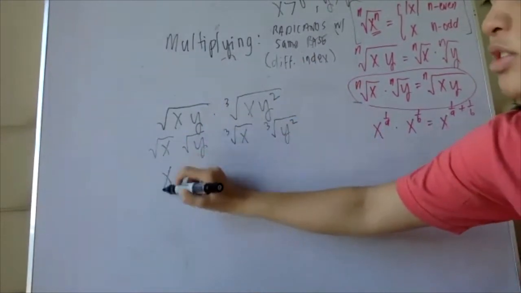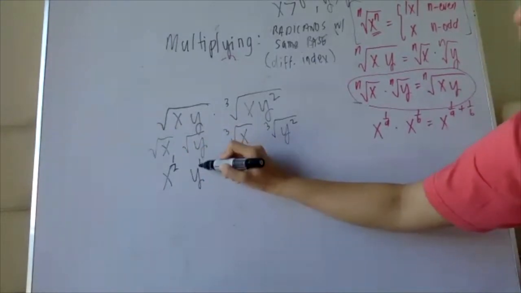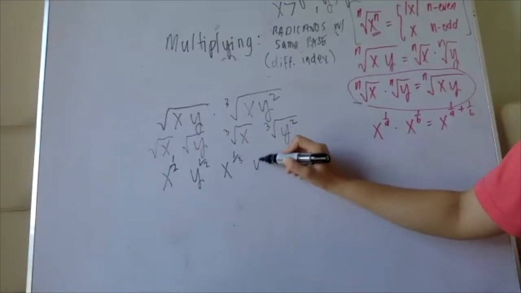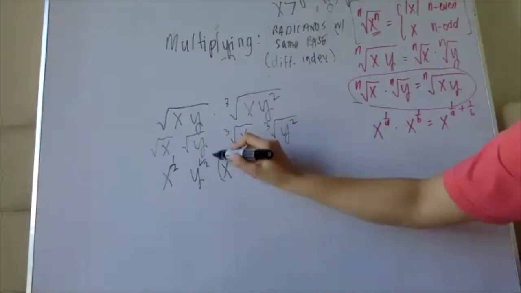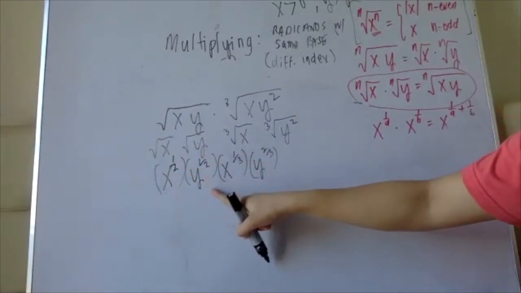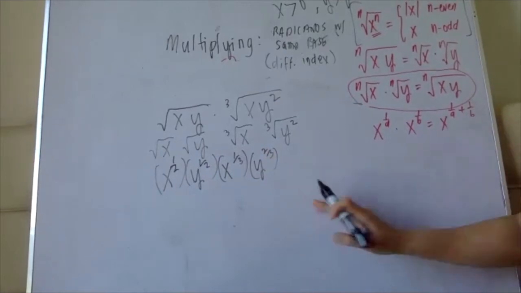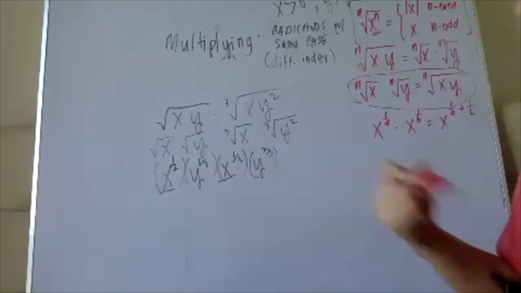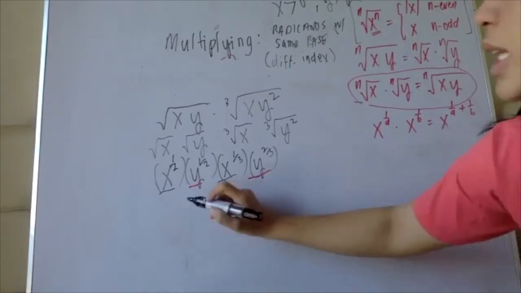So, ito magiging X raised to 1/2. Ito naman magiging Y raised to 1/2. How about this one? X raised to 1/3, and this one, Y raised to 2/3. Nakuha ba kung saan nanggaling itong mga rational exponents natin? Square root of X, X raised to 1/2. Square root of Y, Y raised to 1/2, and so on. Okay? So again, ano lang yung pwede natin ipagsama kapag pareho yung base? So, ipagtabi lang natin sila para lang nakikita.